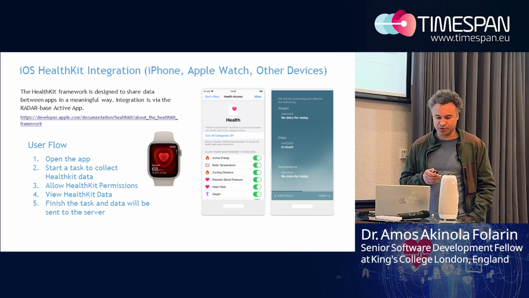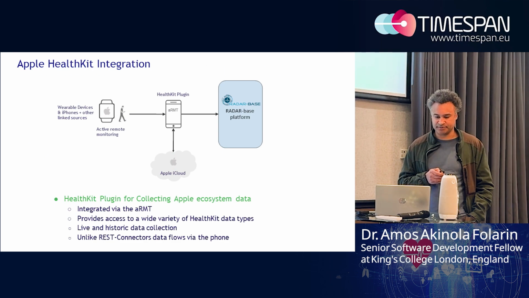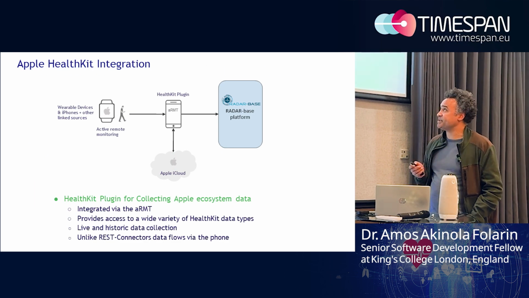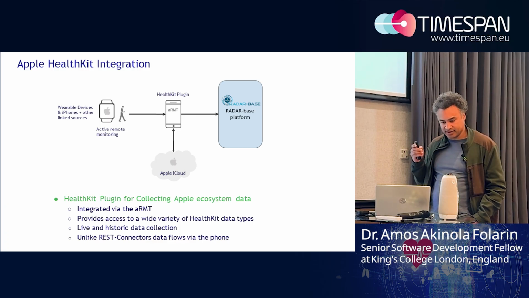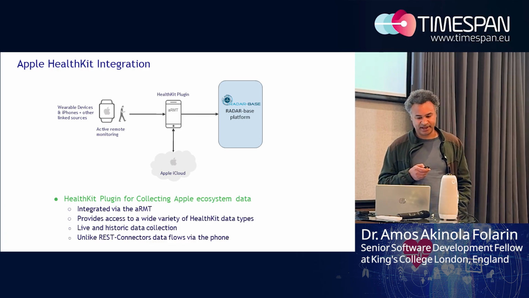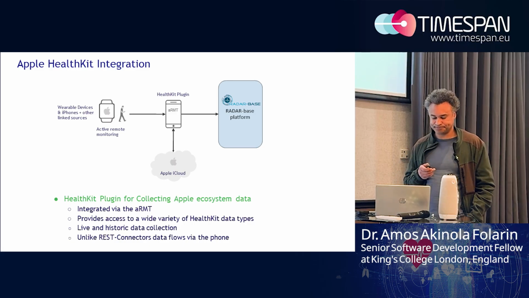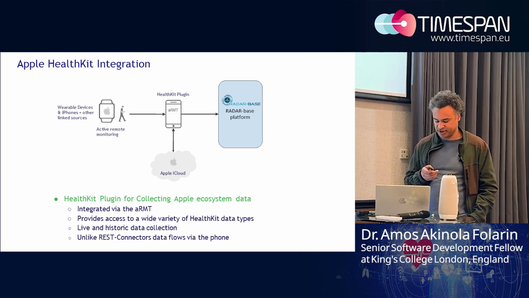But this is something we've been working on more recently. Essentially, data is synced with your iCloud on your Apple phone, and then ARMT is able to pick that data up from the device and send it into Radarbase.